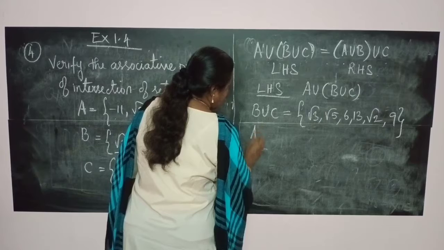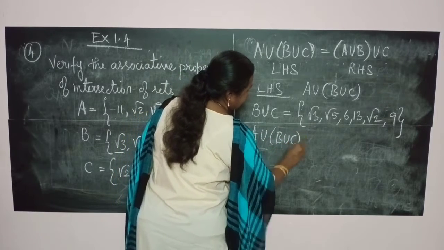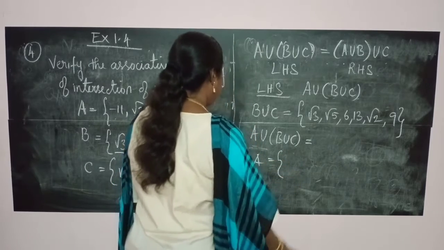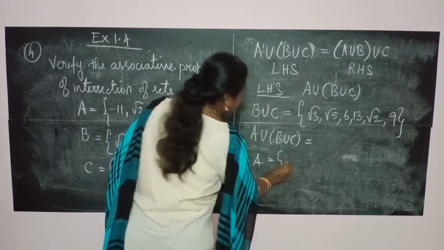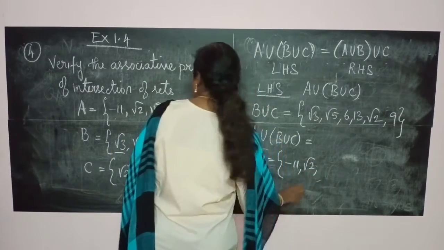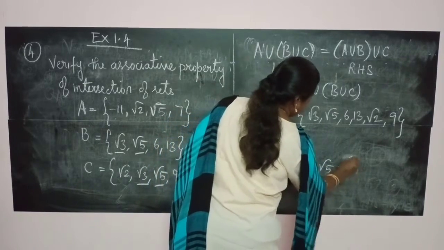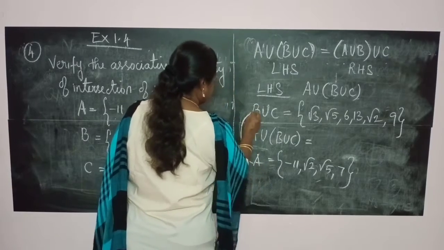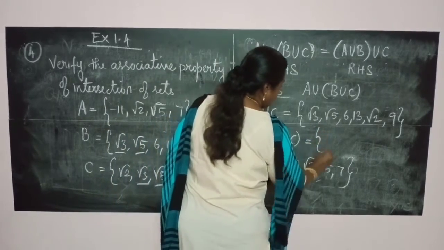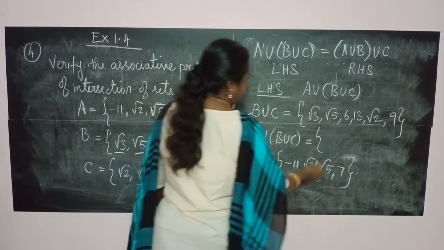Next A union B union C. What are the elements in A?